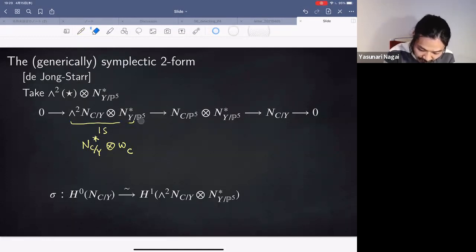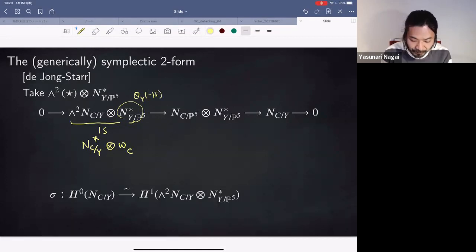This thing was O Y of 5, so minus 5. So the degree was minus 15, while the normal bundle was degree 13. So the difference is just minus 2. So that is omega C.